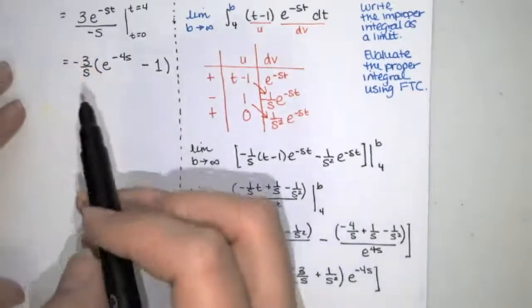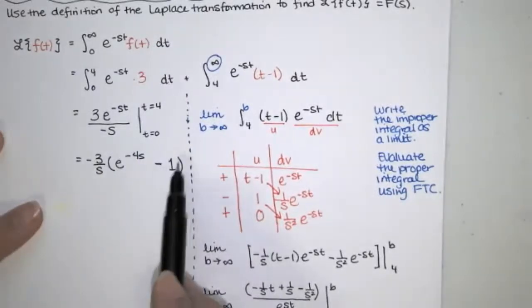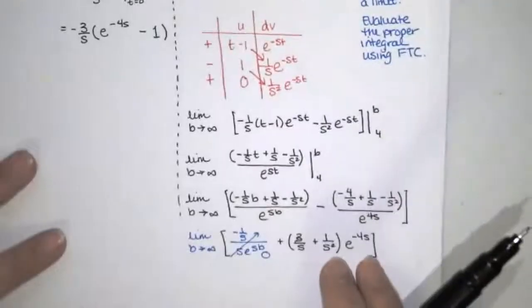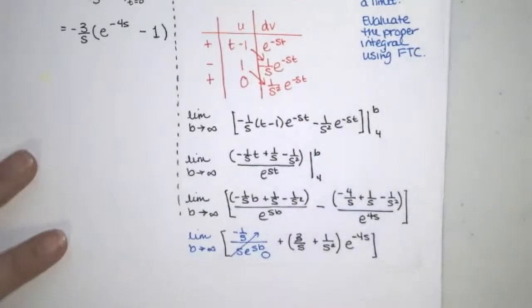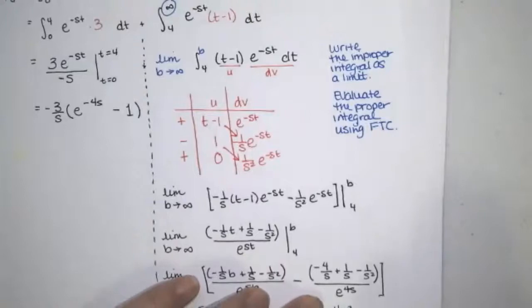So the value of the Laplace transform of our function f of t is this expression plus this expression for s greater than 0. So let's write that on the next page.